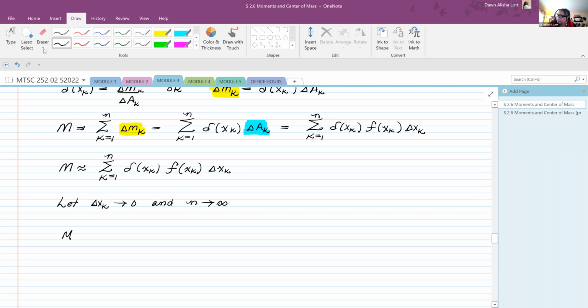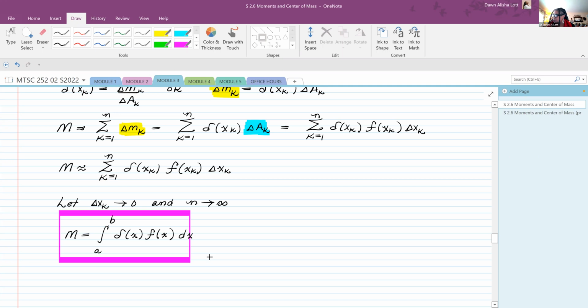I wish I could write an m real nice. It is the integral from a to b of delta of x, f of x dx. So that becomes our formula for mass. Bam, just like that.